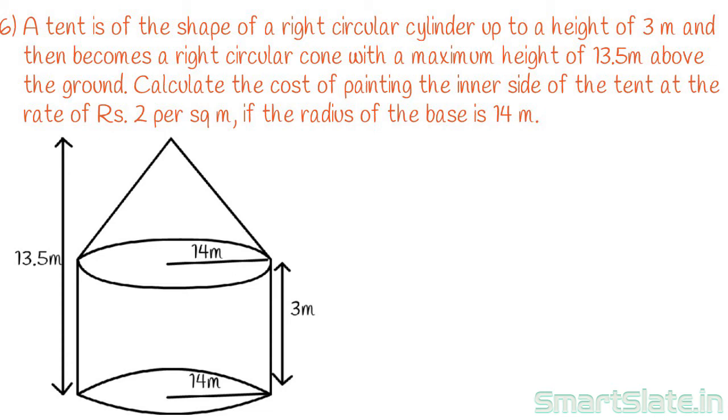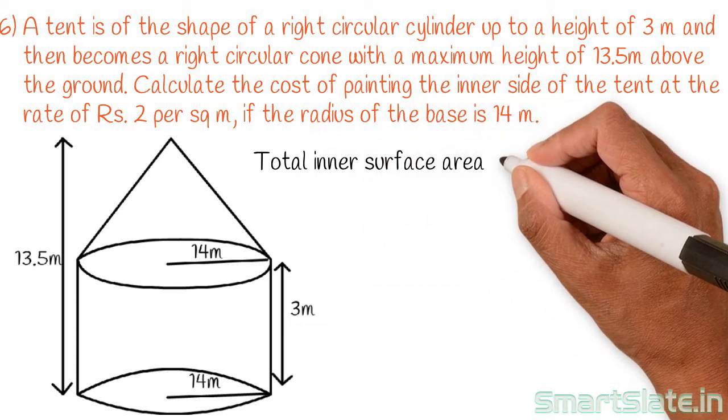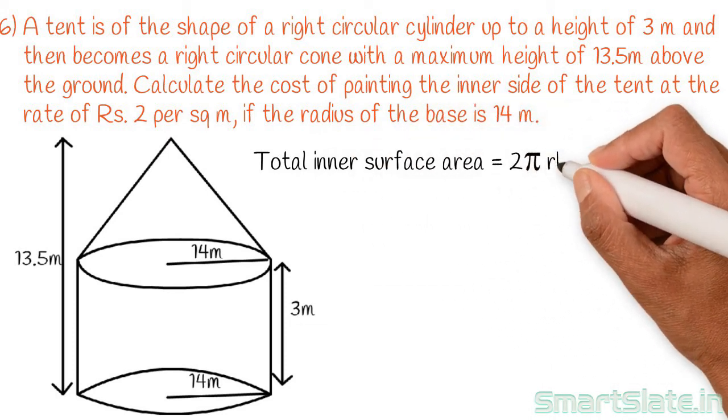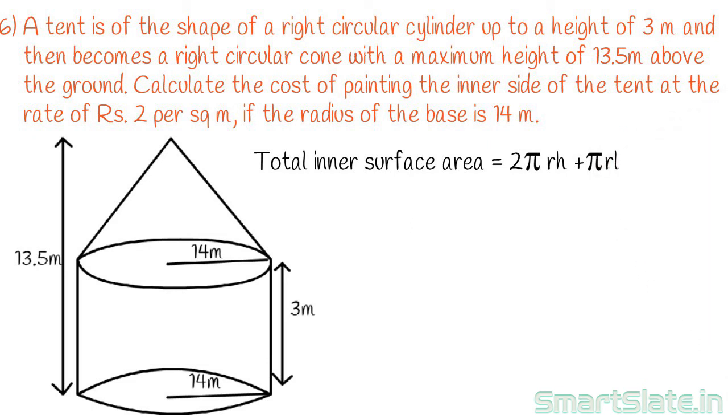Let's recall the formula to find the curved surface area of a cylinder and a cone. Total inner surface area of the tent is equal to 2 pi r h plus pi r l. It is the curved surface area of the cylinder and the curved surface area of the cone. But we don't have the value of slant height.